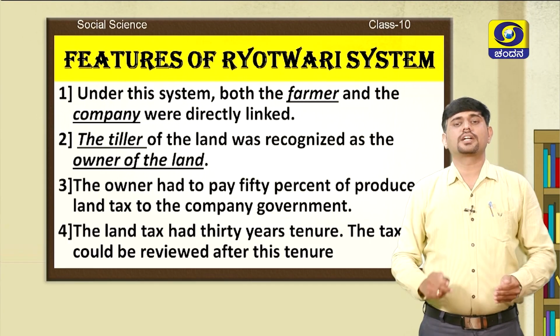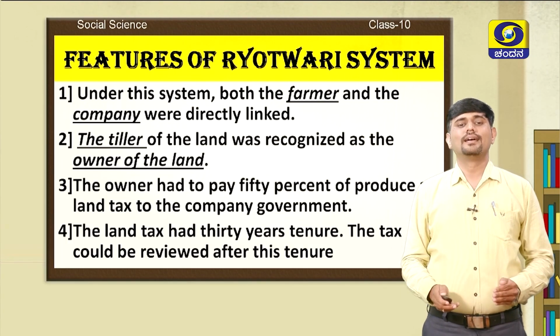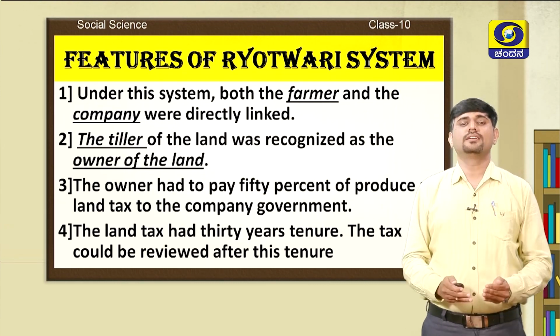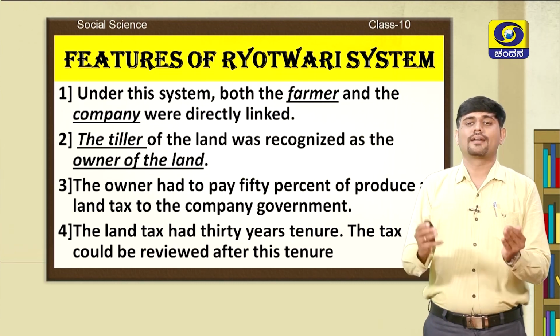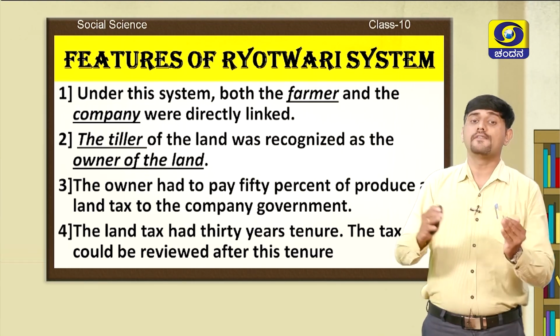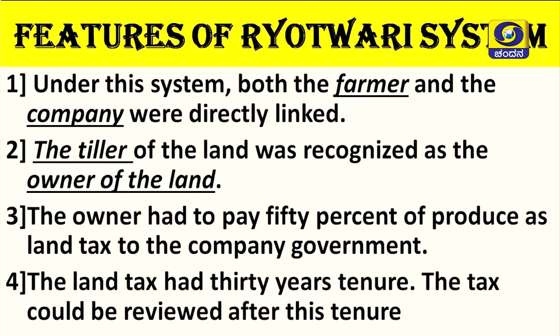According to the terms and conditions of the Rayatwari system, the tiller of the land was recognized as the owner of the land. The third condition: the owner had to pay 50% of the produce as land tax to the Company, and the remaining 50% could be retained by him. The land tax had a 30-year tenure.